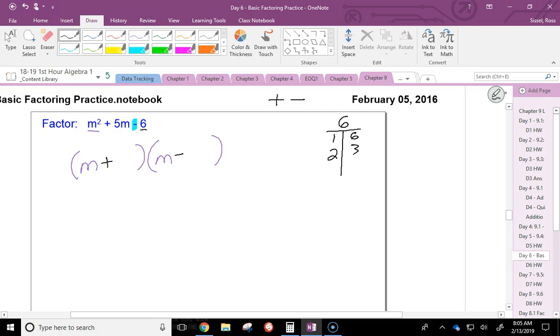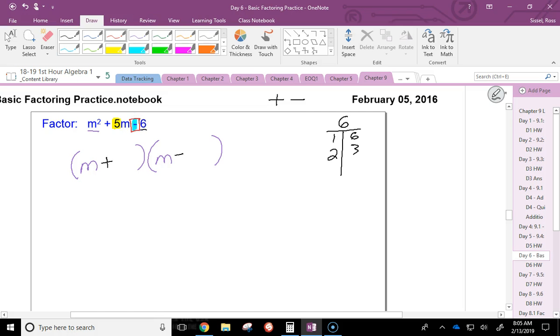I'm seeing a lot of people choosing 2 and 3, because 2 plus 3 gives us our middle number 5, correct? However, because this is a 5 in the middle, we do have to get them to be 5. But the biggest thing was right here.